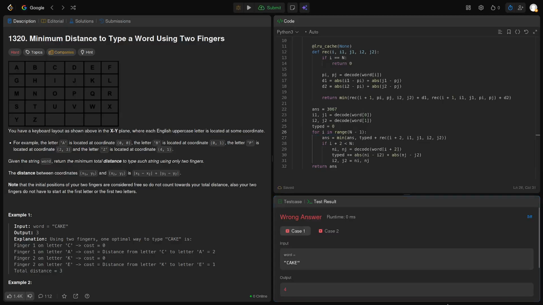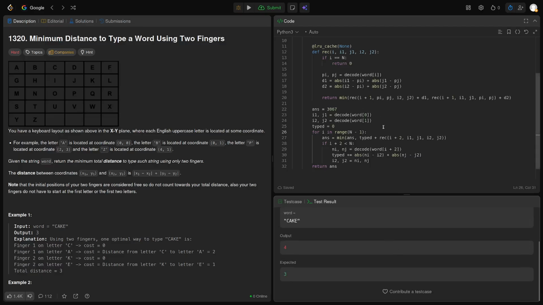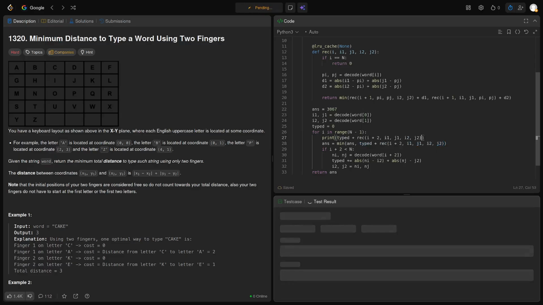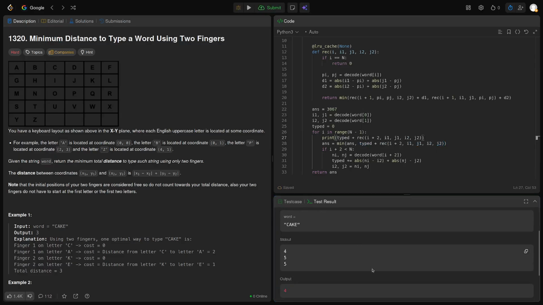Okay, still wrong answer for some reason. Now I really don't know why. So if I have these two placed, right, so let's say I typed like that.